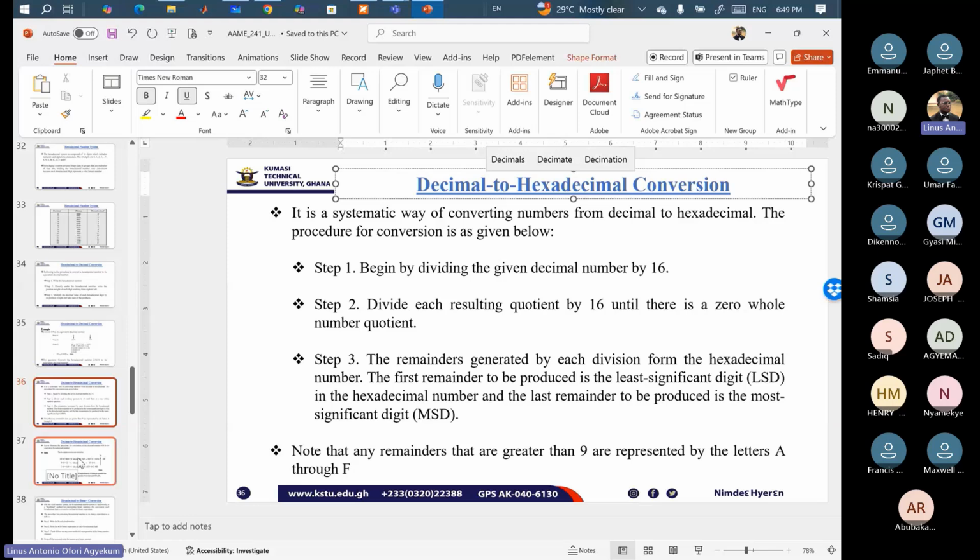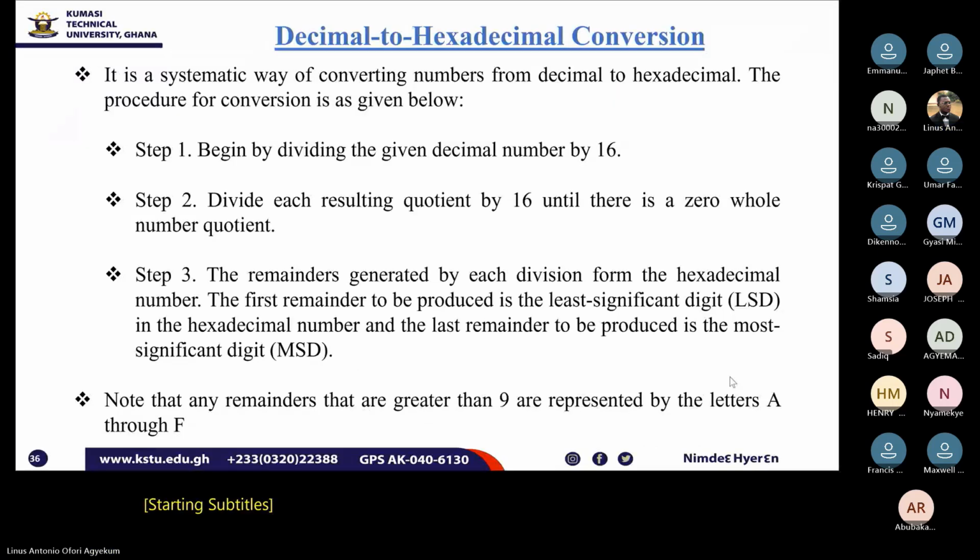Okay, now let's look at conversion from decimal to hexadecimal. So here the procedure is that we begin by dividing the given decimal by 16.